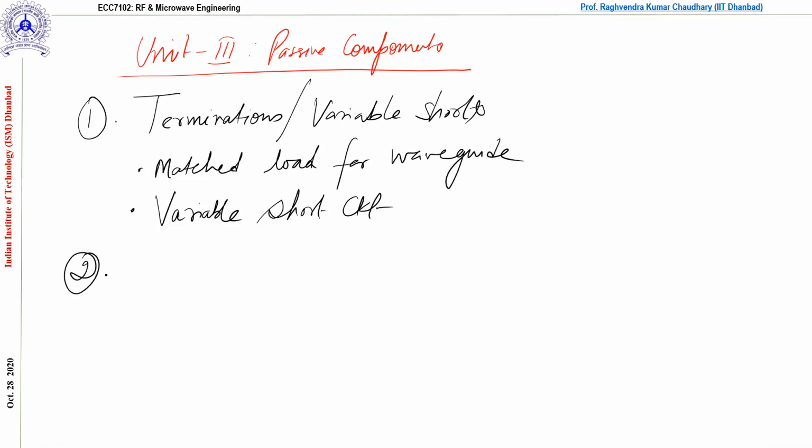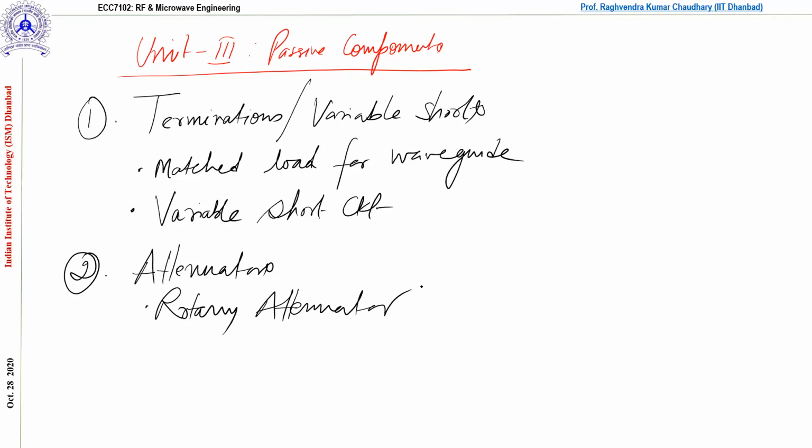Second, we'll see the attenuator. In this we'll see the rotary mechanical attenuator, rotary attenuator, like a variable resistor. Have you used one in a lab? In the basic electronics lab, we use this so we can vary the resistance value by rotating that knob.